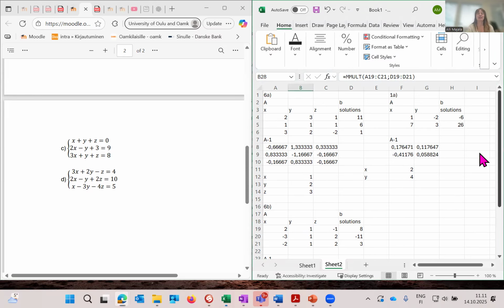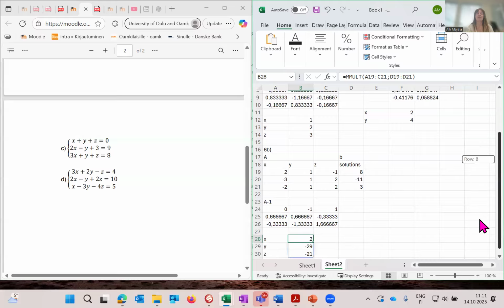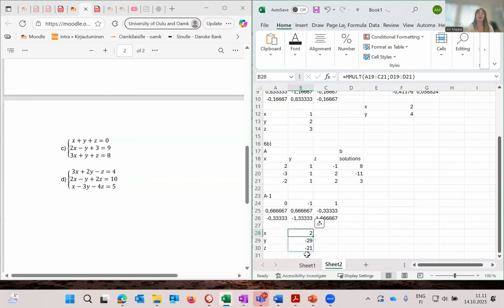I think these ones, where did I take these? Well, they were from somewhere, but they were planned so that you get this kind of answers with, what is this number called now? Wow, I don't remember what it is in English when it doesn't have any decimals.